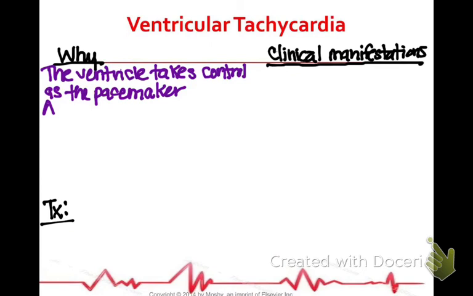The ventricles take control. Why does it happen? The ventricles take control as a pacemaker, so they're firing rapidly.